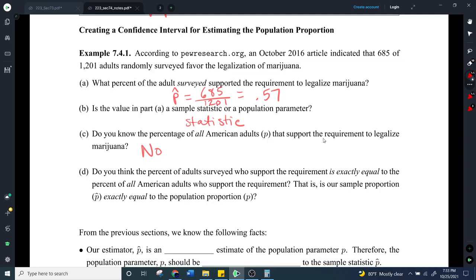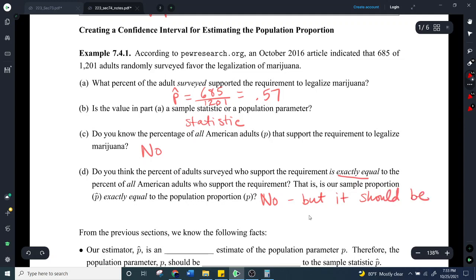So the question says, do you think the percent of adults surveyed who support the requirement is exactly equal to the percent of all Americans who support the requirement? In other words, is our sample proportion exactly equal to the population proportion P? No, it's not going to be exactly equal, but it should be pretty close. How do I know it should be pretty close? Because this was a random sample and it was a large sample.